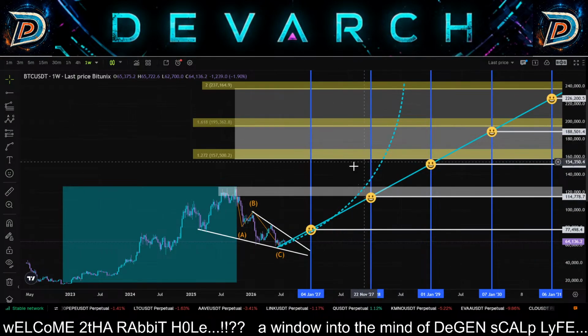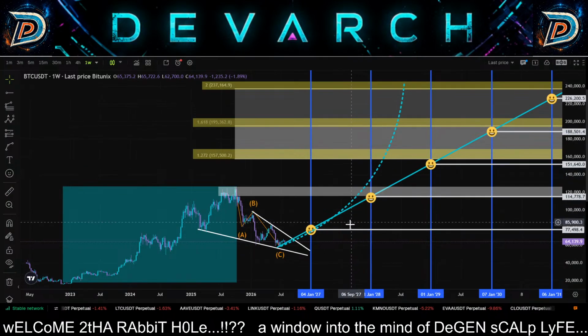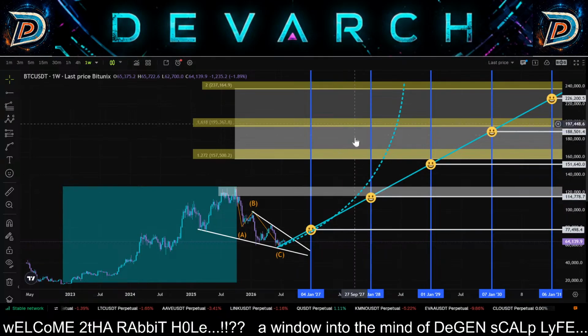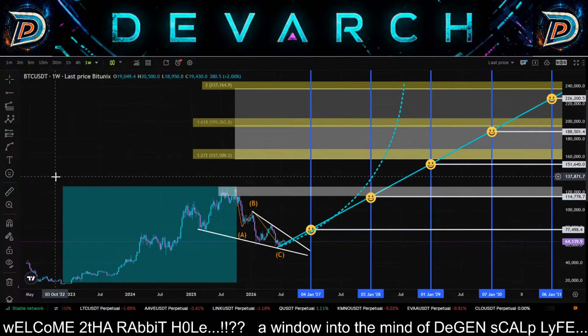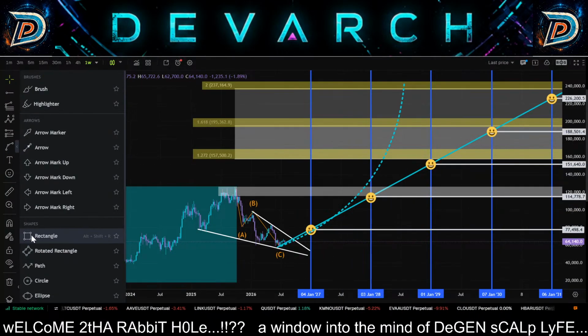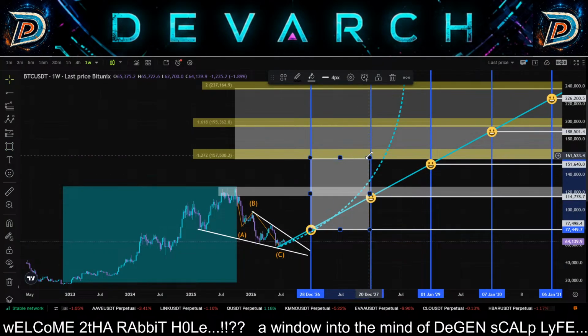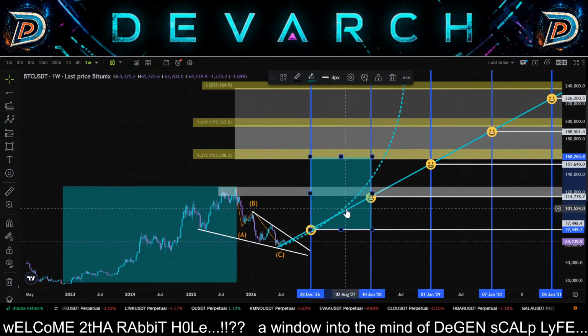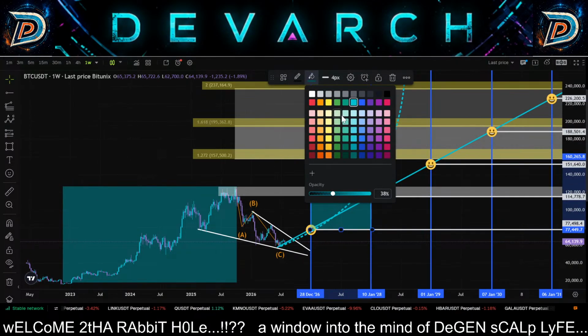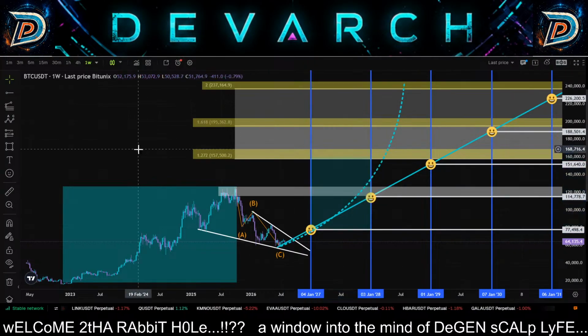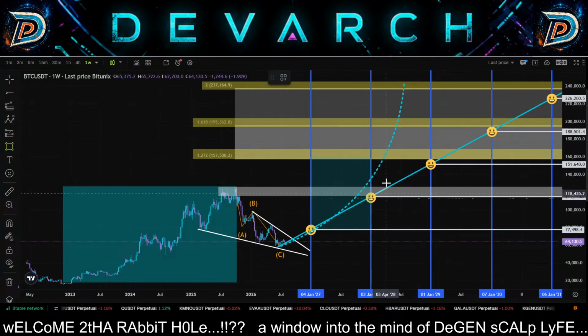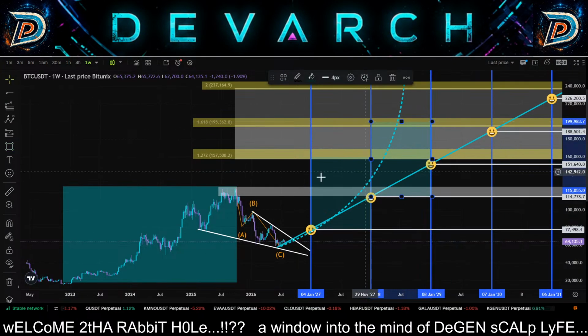In 2027, we might chop around between 80K and 150K, and then we draw a box to show you. This is our 2027 possible outlook. Our 2028 possible outlook is more like this.